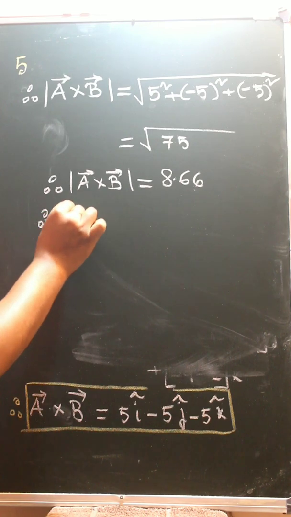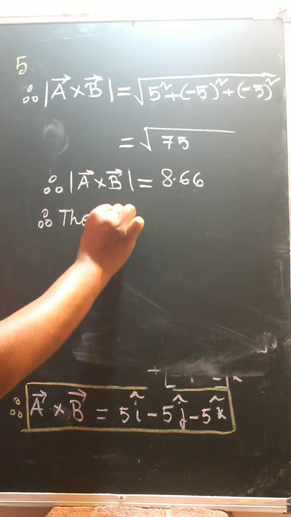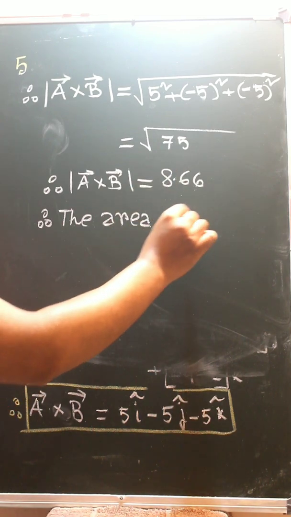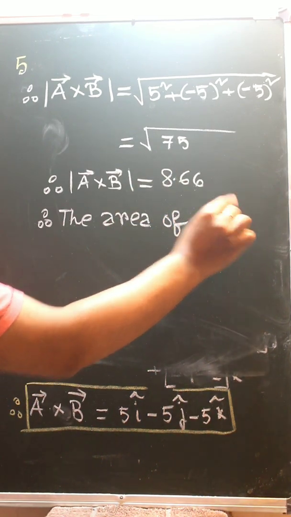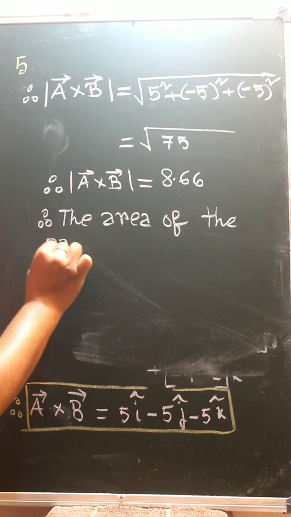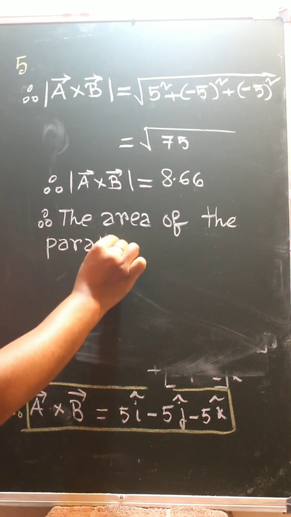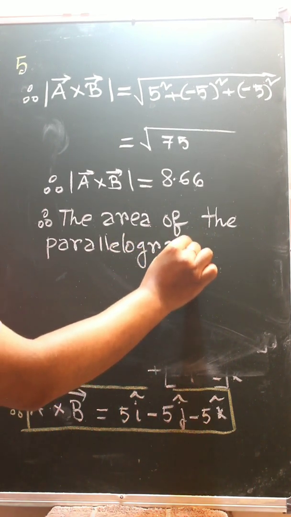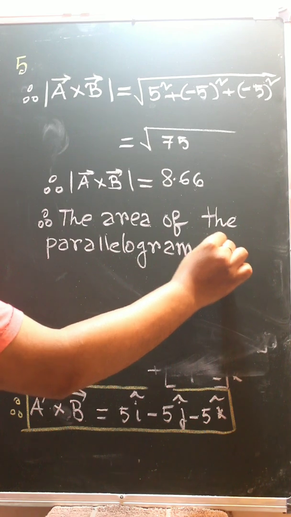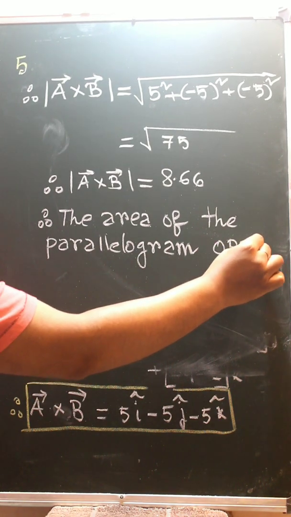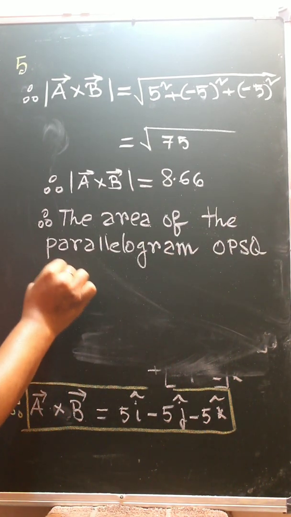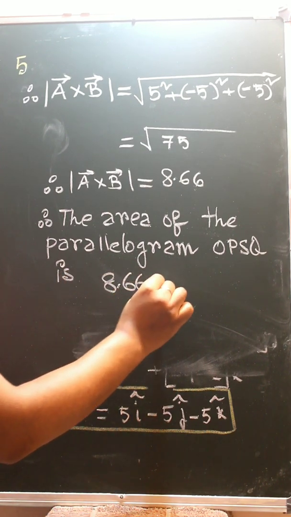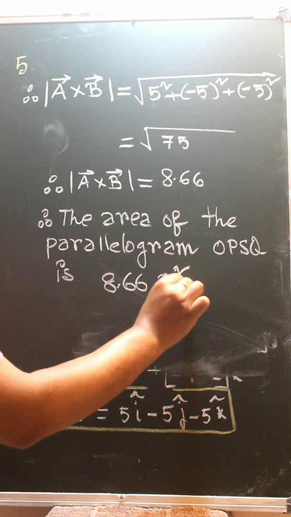Therefore, the area of the parallelogram OPSQ is 8.66 meter square.